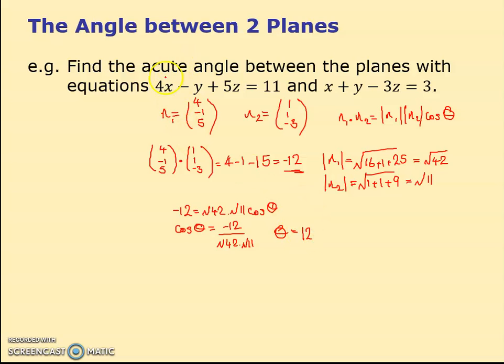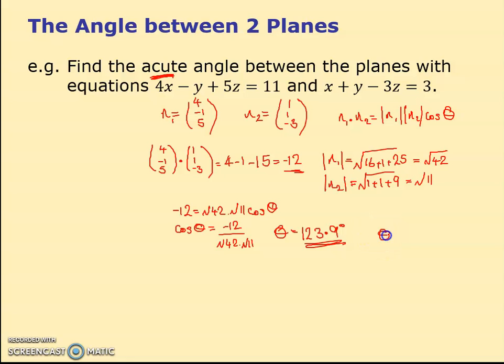And it does say at the top it wants an acute angle. So good job I spotted that. 123.9. So the acute angle is 180 minus that answer. So even though I said this gives me the angle that I want, in this particular case, it gave me an obtuse angle. And of course, I wanted an acute angle. So I've effectively found the other side of that angle.